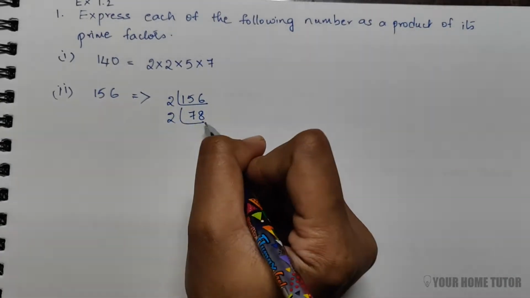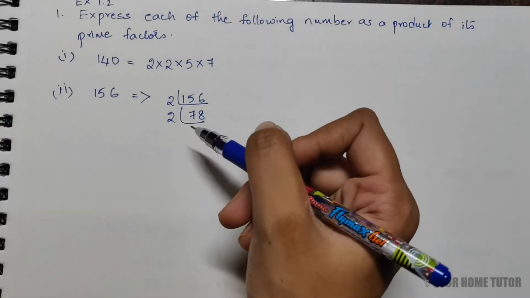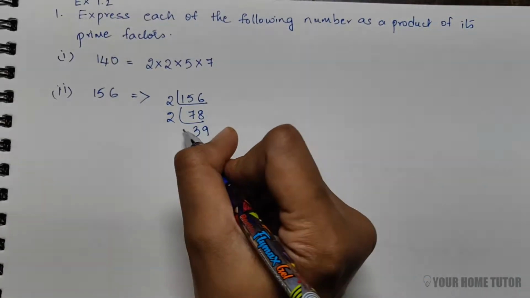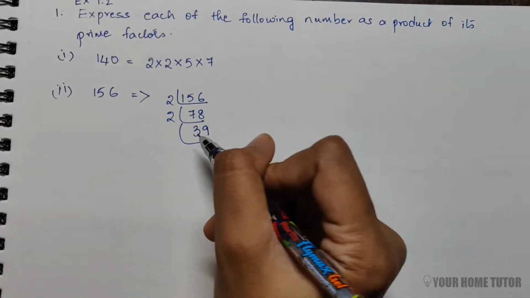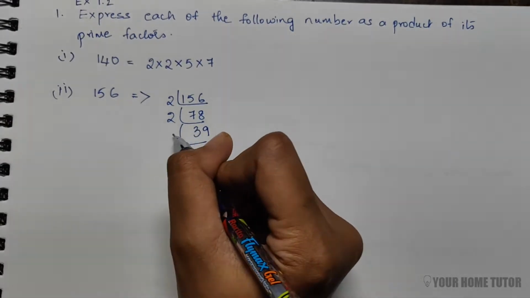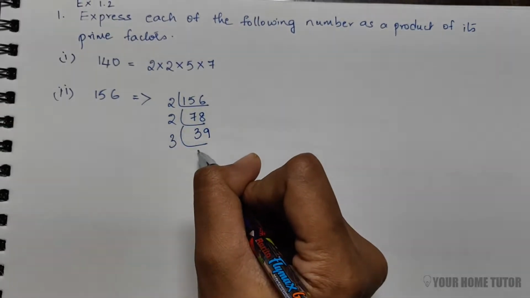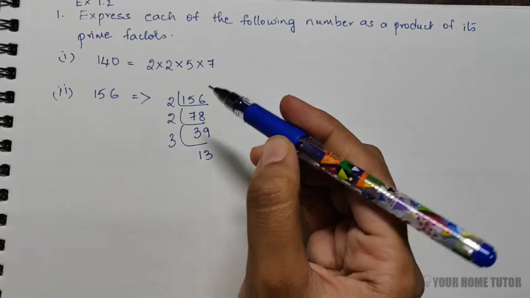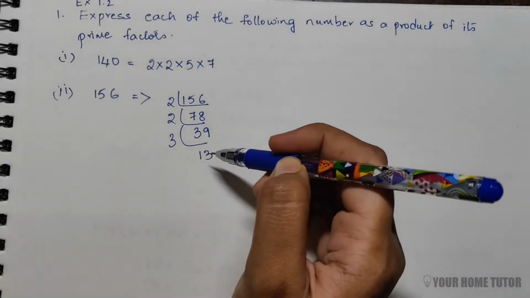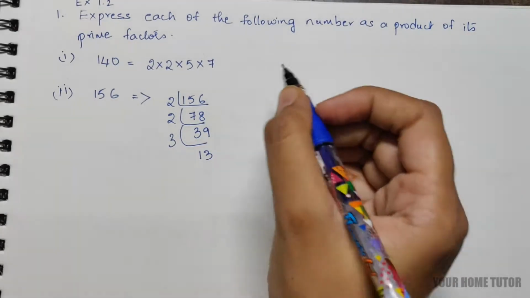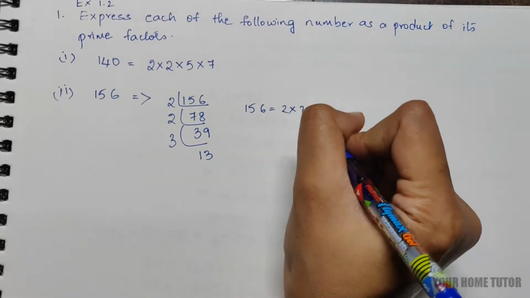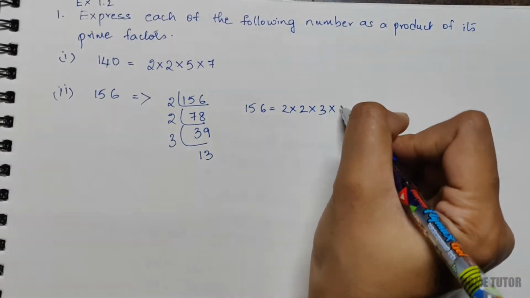And again, because it's an even number, I can further divide it by 2. So I would get 39. 39 is divisible by 3. So if I divide it by 3, I get 13. So all the prime factors of 156, we have over here. So 156 can be written as 2 into 2 into 3 into 13.